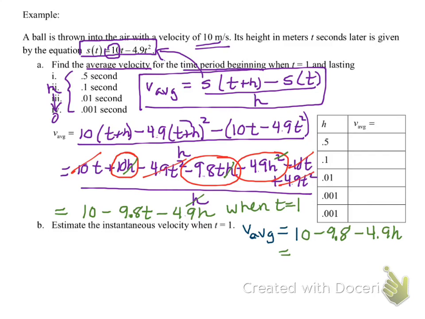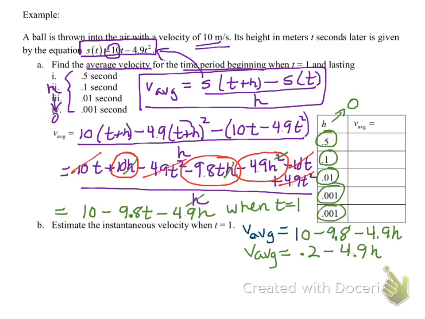So we simplify that, we have 0.2 minus 4.9h. And now what we're going to do is plug in these different values of h to that and figure out what our average velocity seems to be going to as h approaches 0.